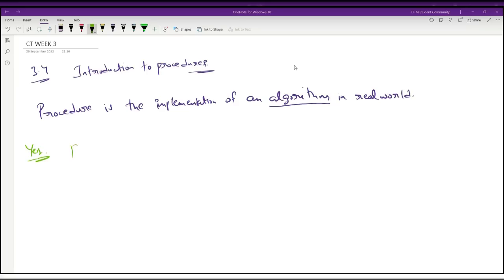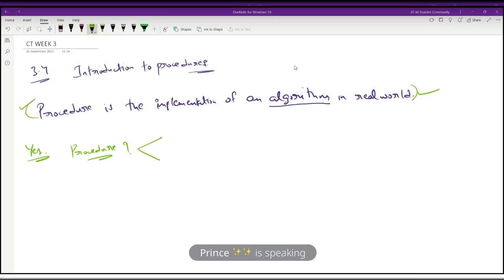We are aware of the word procedure, but what makes a procedure? Can somebody guess this? It is present in the formal definition I just gave. Can someone make out the components of a procedure?